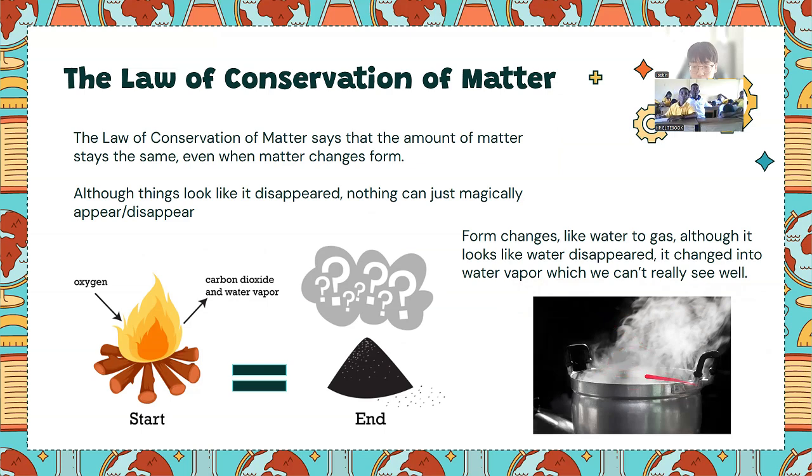So you can see the water boiling, turning into water vapor, and those gas forms are less visible, and it looks like it disappeared, but it's still there in the air. So that was the law of conservation of matter. The amount of matter staying the same, changing forms.